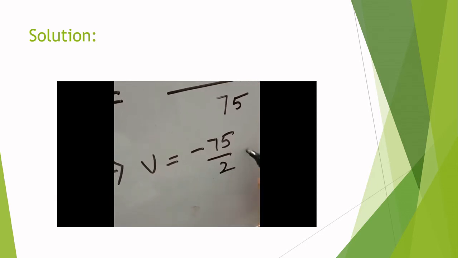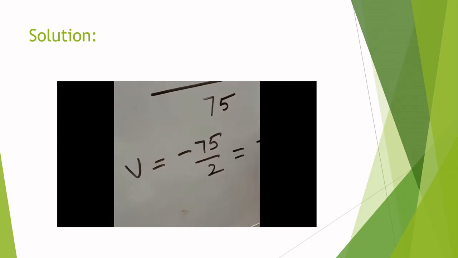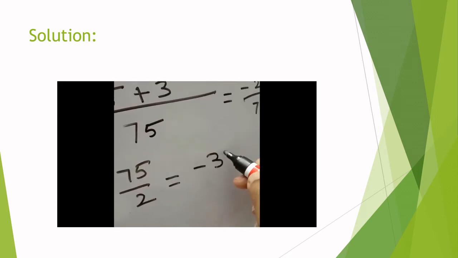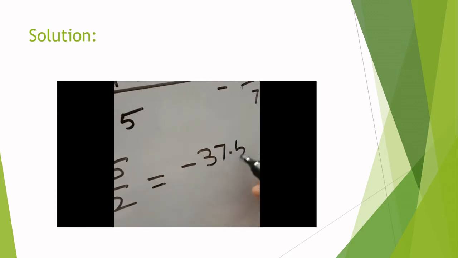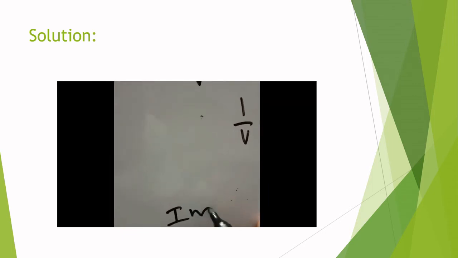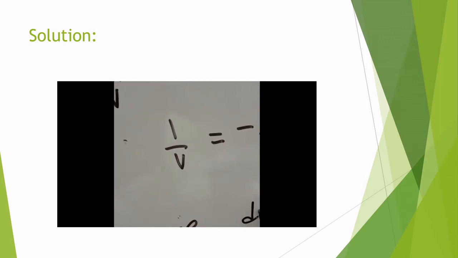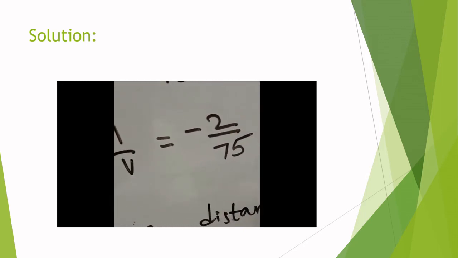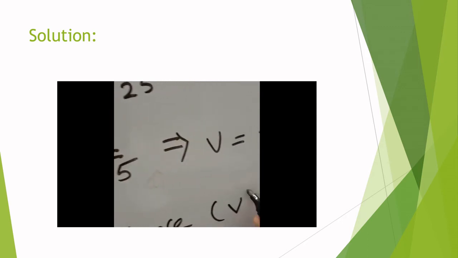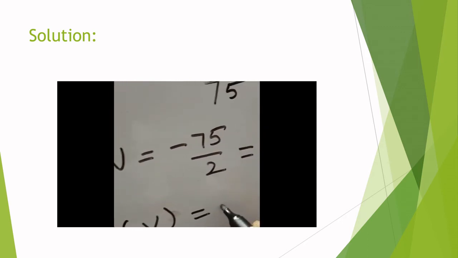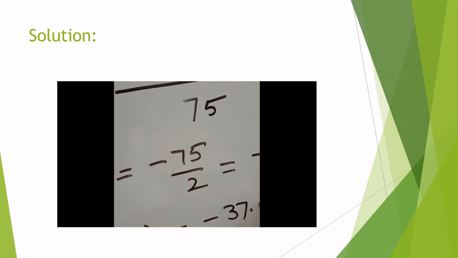So we get minus 37.5. So image distance v is equal to minus 37.5 centimeters.